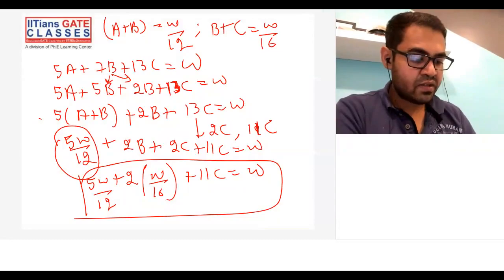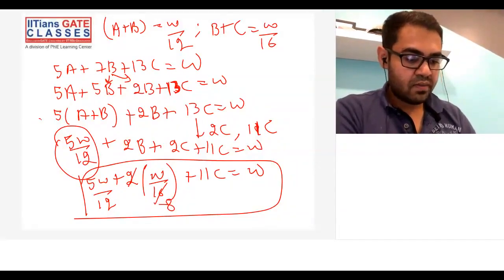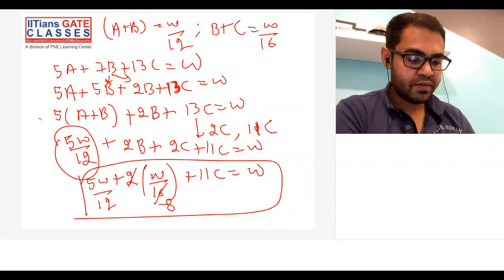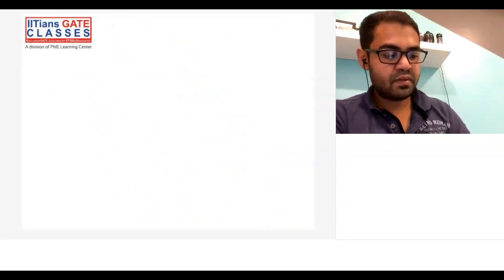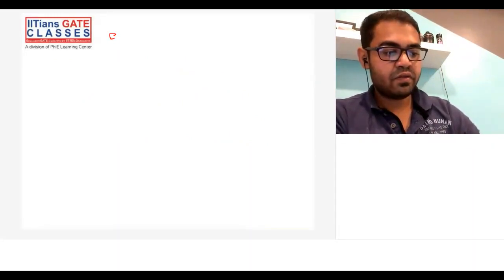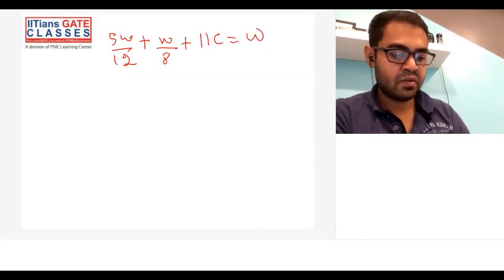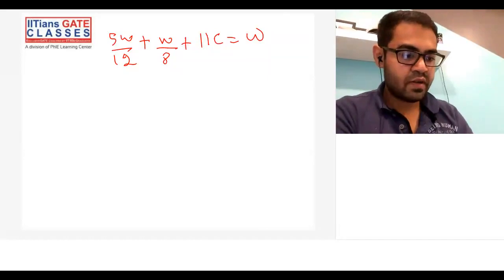So let us just add these two terms, which will become W by 8. So you have 5W by 12 plus W by 8 plus 11C is equal to W. Just cross verify.